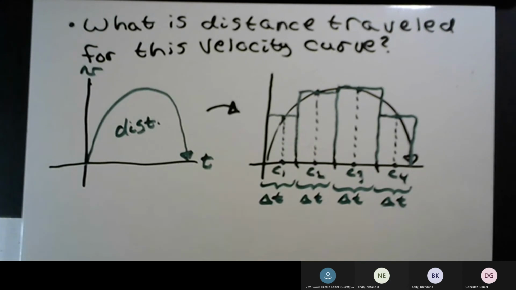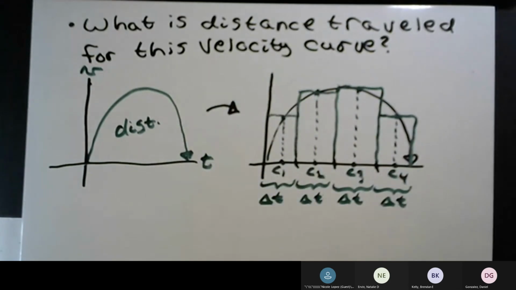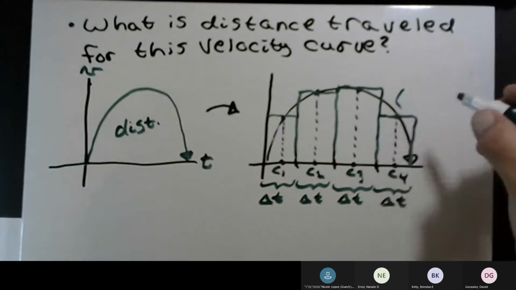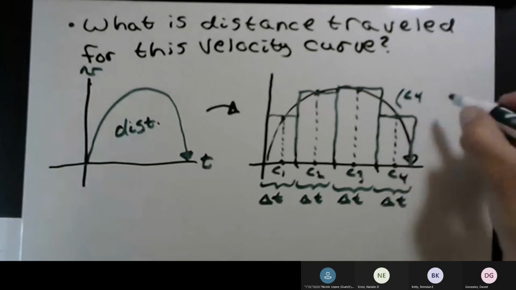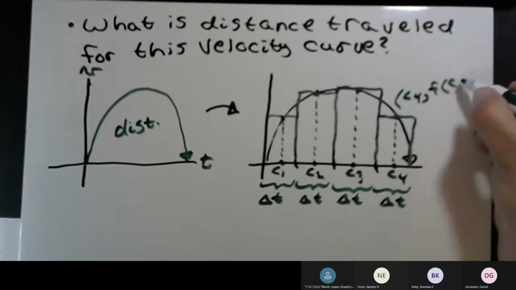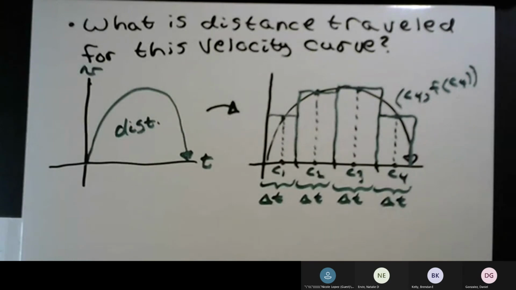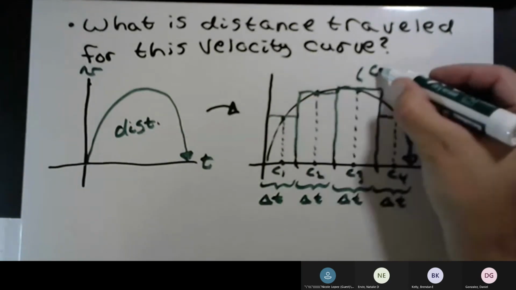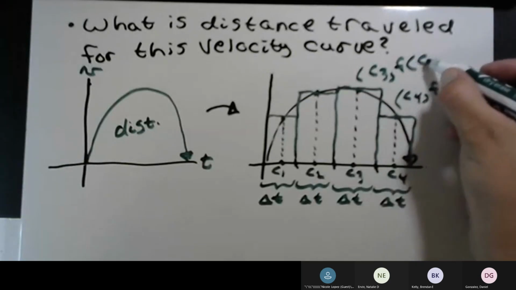So again, the approximate area will be the sum of the areas of each of these rectangles. So this rectangle, its top has coordinate of C4, f of C4. This one, C3, f of C3.